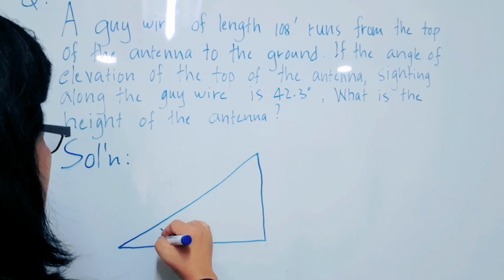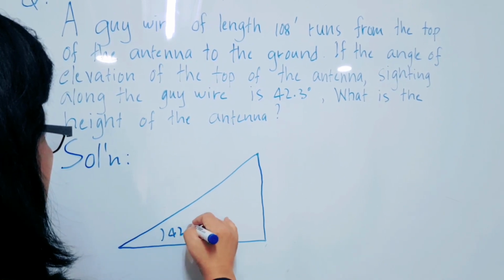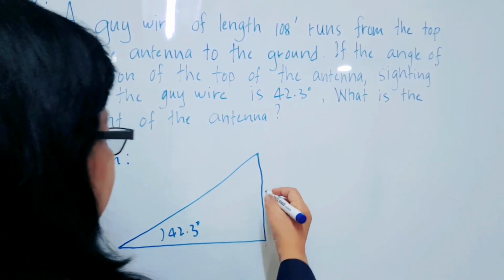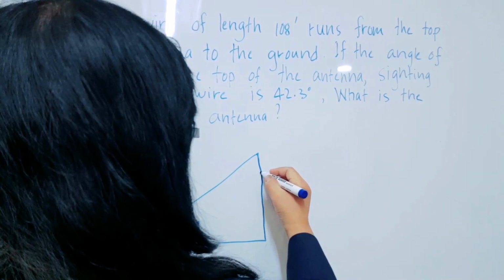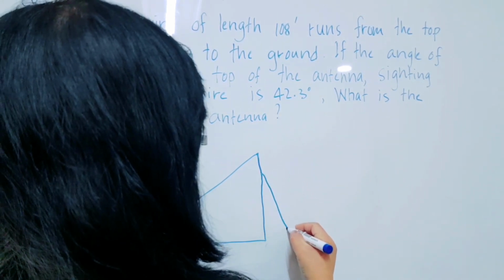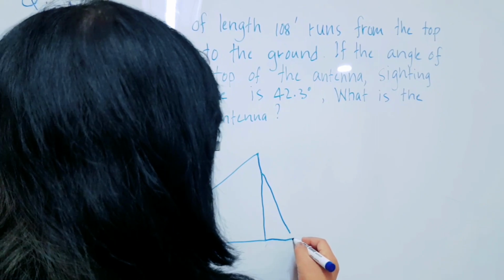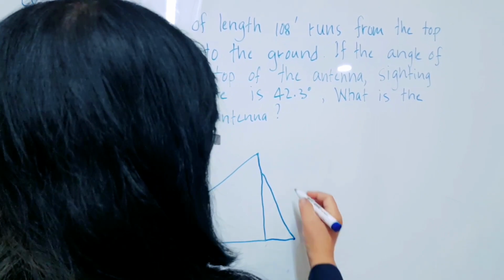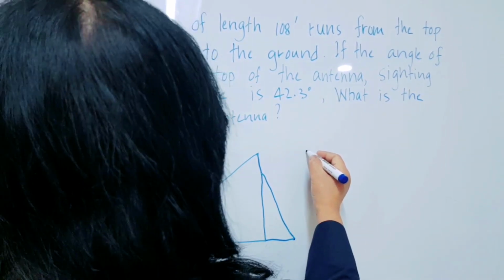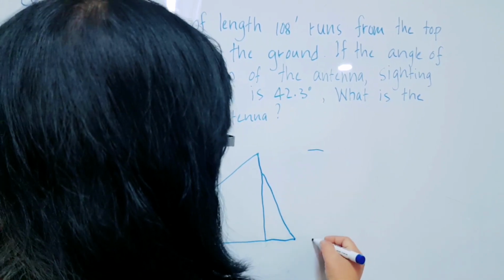is 42.3 degrees. So this is the guy wire. So this is the height of the antenna.